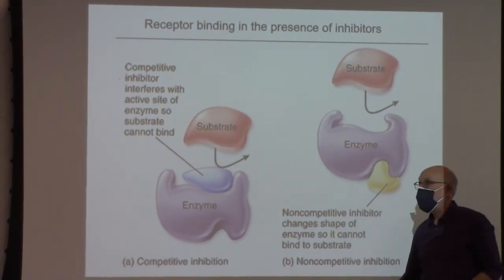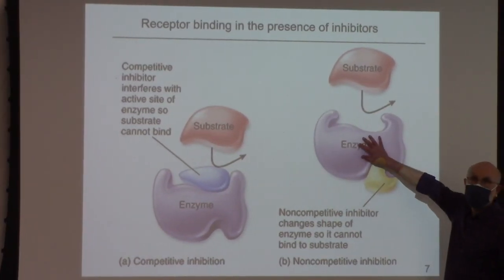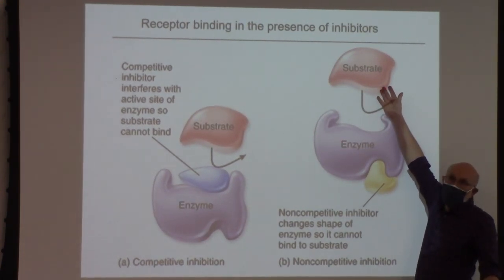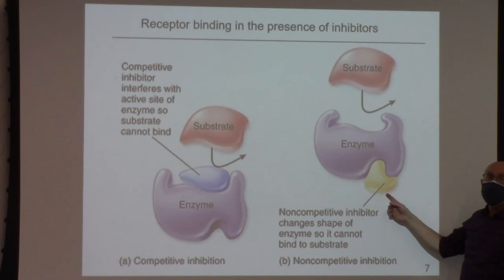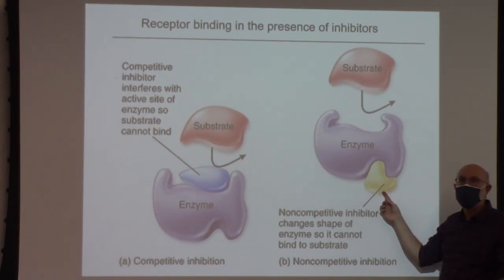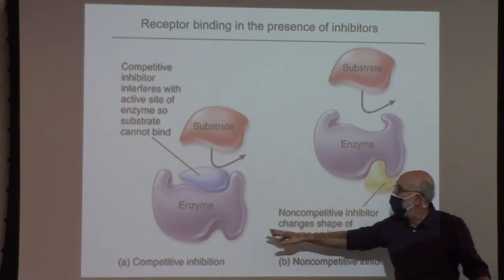There are other types of inhibitors. So here is the receptor. Here is the agonist. Here is a different kind of antagonist or a different kind of inhibitor. It binds to a different site.